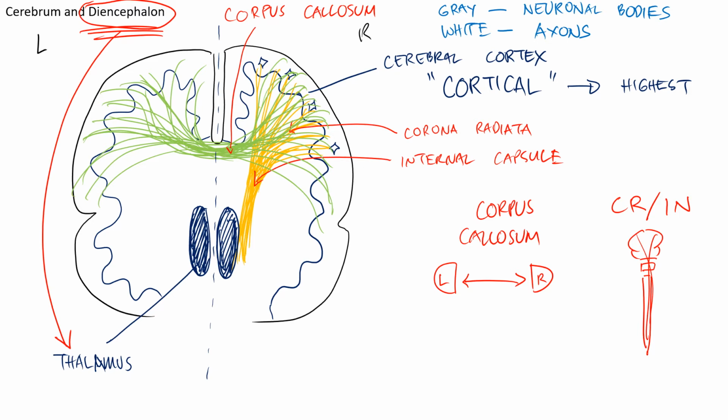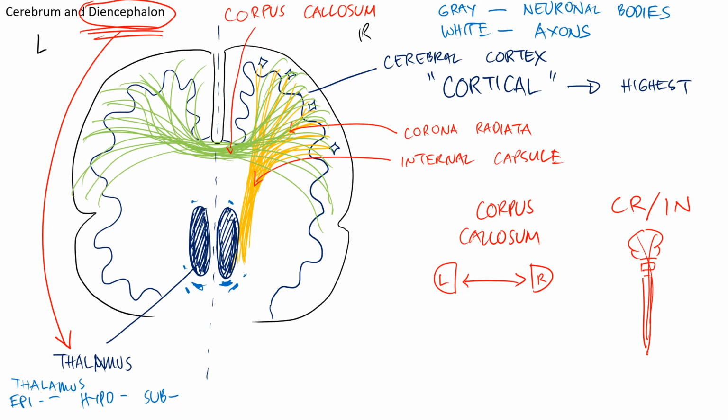So what does that include? You would have your thalamic nuclei proper. You have your epithalamus. You have your hypothalamus. You have your subthalamus. Okay, so you have all those, located somewhere around here. So that's your diencephalon, basically.